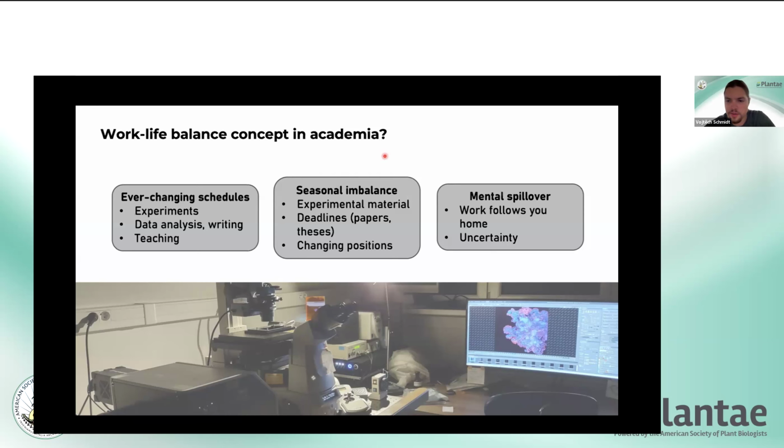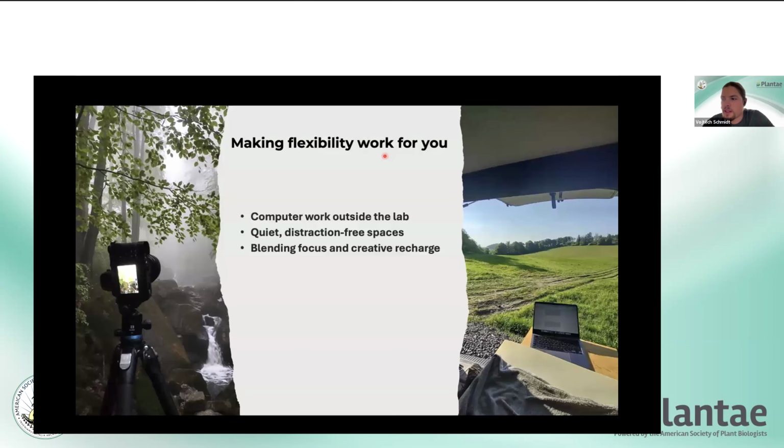So these are the three points which influence how we deal with our work-life balance. And as I said, not every day is the same in academia. You can take advantage of it, because you are a master of your time.